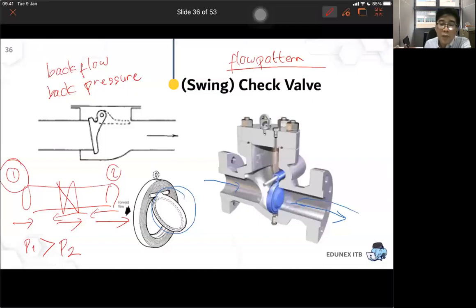When flowing through a fitting, the fluid will experience a slight or maybe sudden change in flow pattern. This change in flow pattern will cause some energy loss.